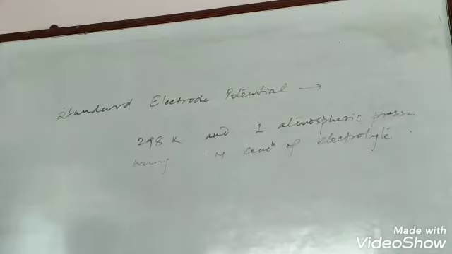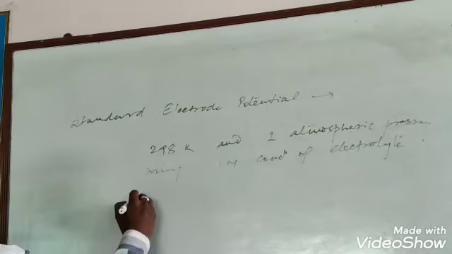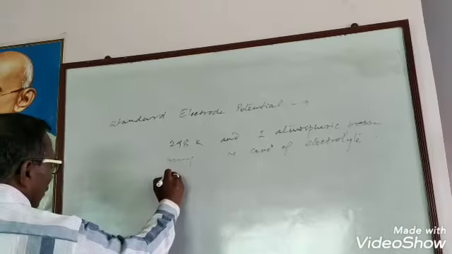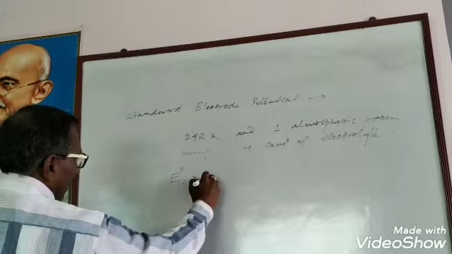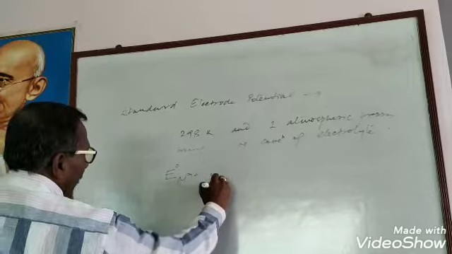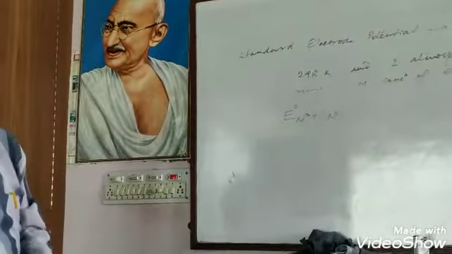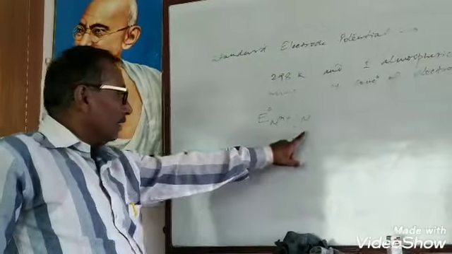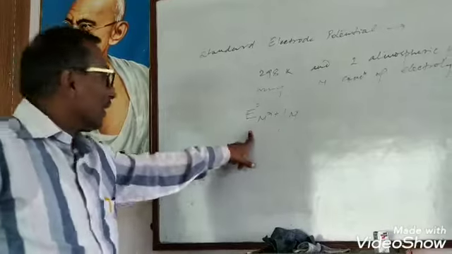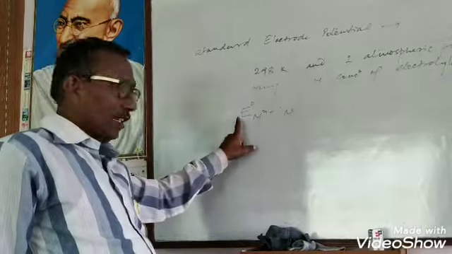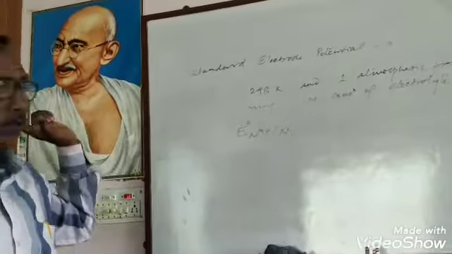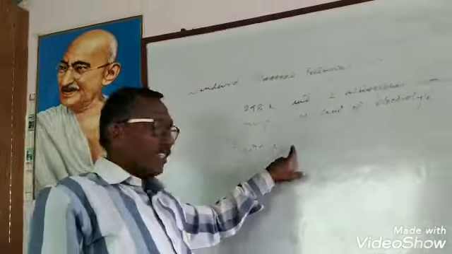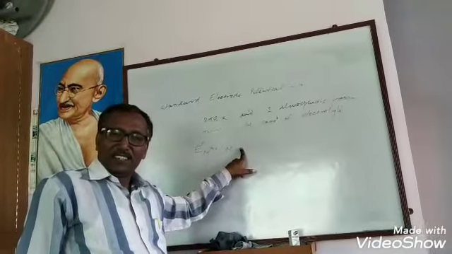It is represented by E naught of Mn+ | M. This is also called the standard reduction electrode potential according to International Sign Convention.